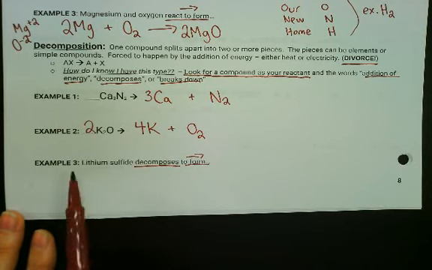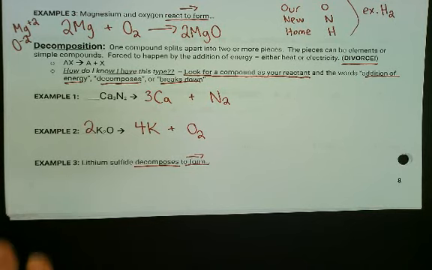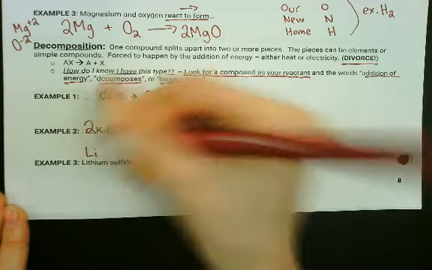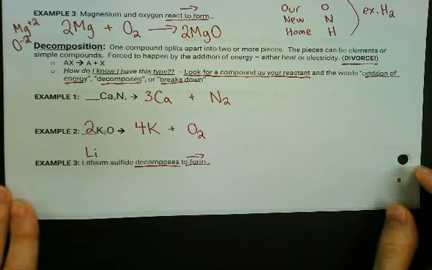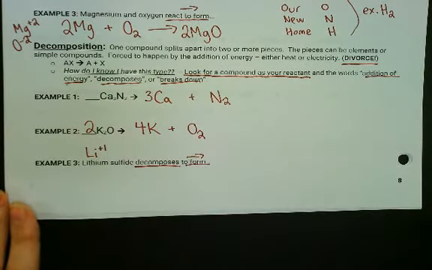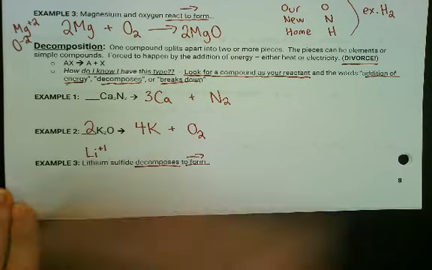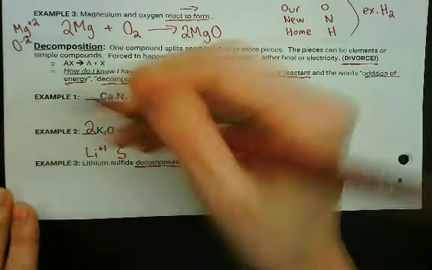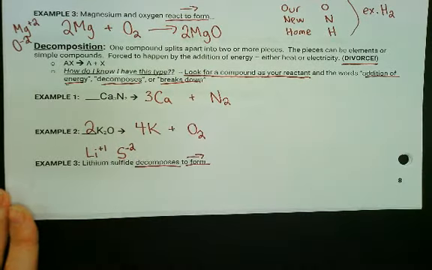So right here, I'm going to write my ions for lithium and sulfur, our sulfide ion and our lithium ion. Lithium is a group 1 metal, so it's going to have that +1 common ionic charge. And sulfur is a group 16 element, so it's going to have that common ionic charge of -2.